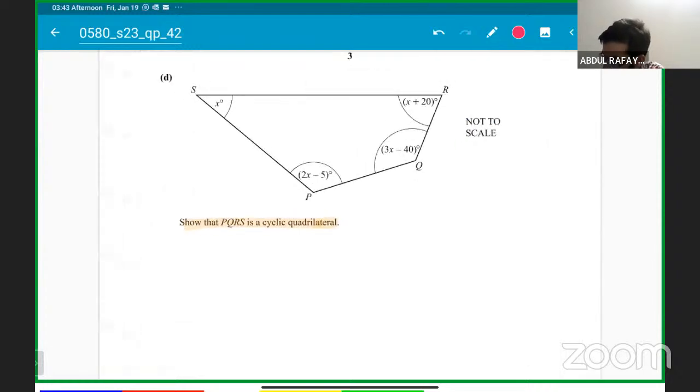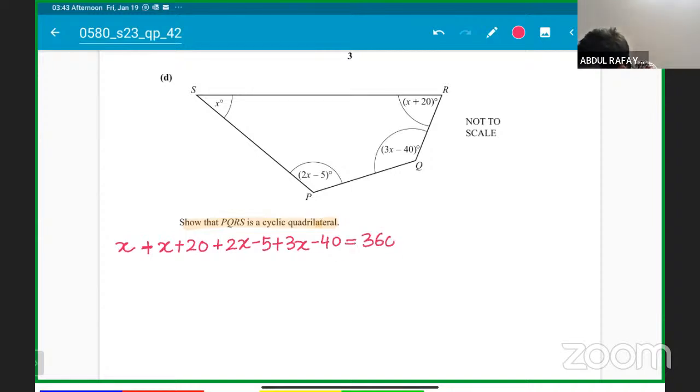Since this is a quadrilateral, the sum of the total angles will be 360. So x plus 20 plus 2x minus 5 plus 3x minus 40 is equal to 360 degrees.